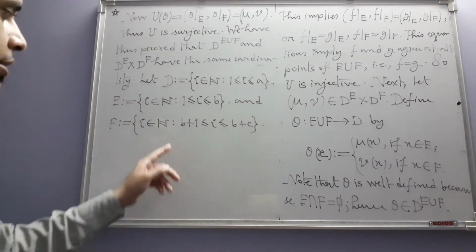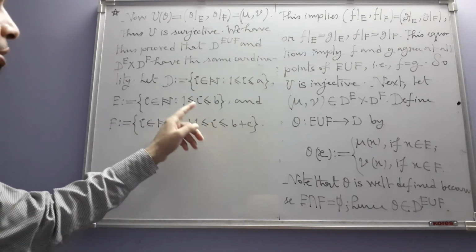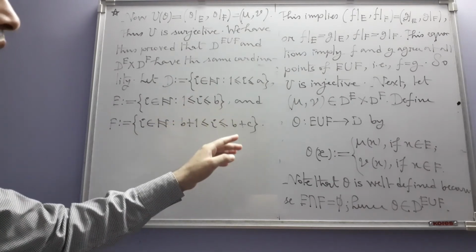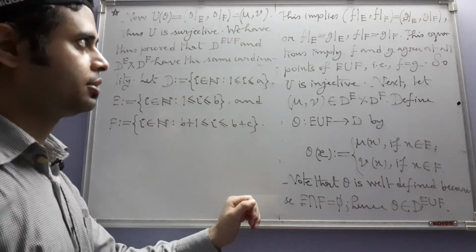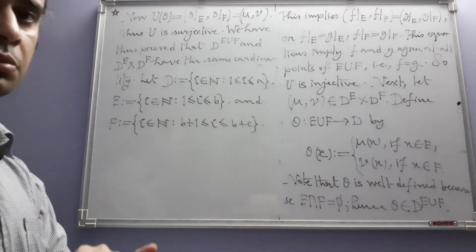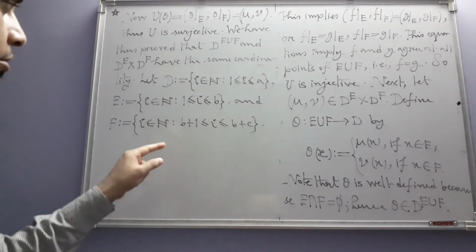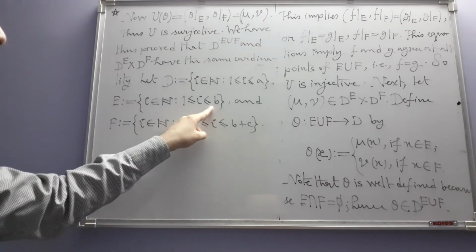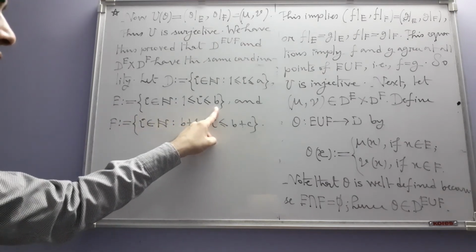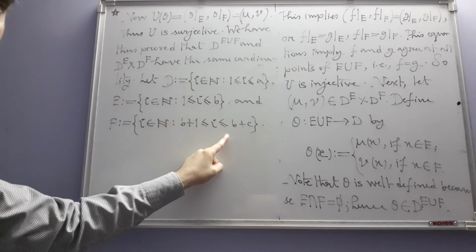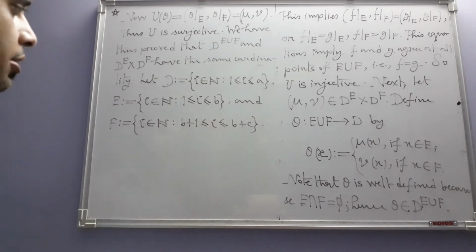Why do we suddenly take a thing like this? It's because note that unlike the previous one, here we have an extra condition. E and F have to be disjoint. So here they are disjoint. Here all the elements are less than or equal to b, here all the elements are greater than b, so there can be no common element.